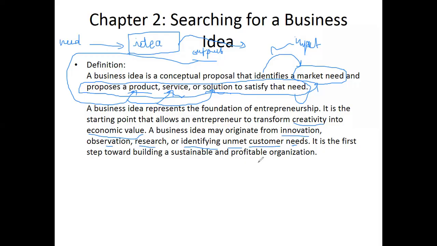We also have to use observation. We can use research, or we can use statistical data to identify customers' needs. We will return to each of these aspects in the next slides.